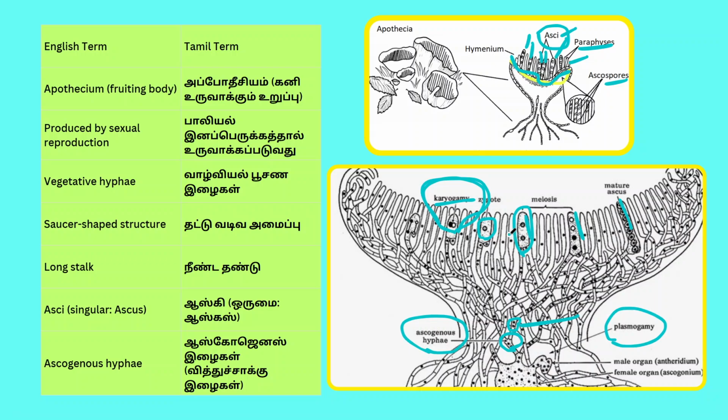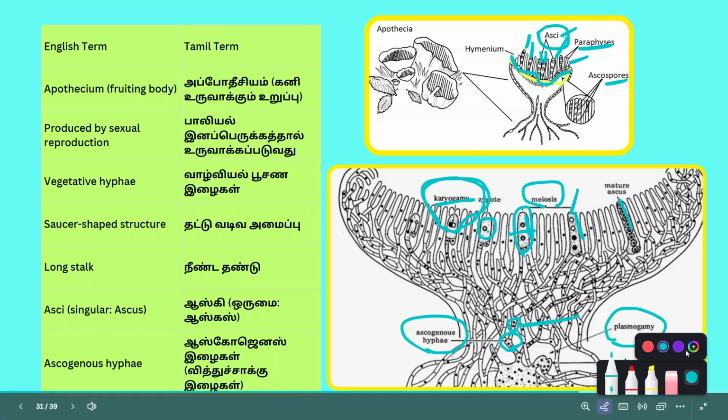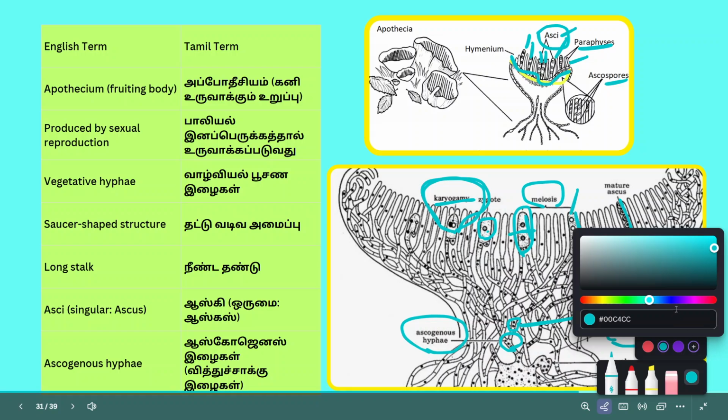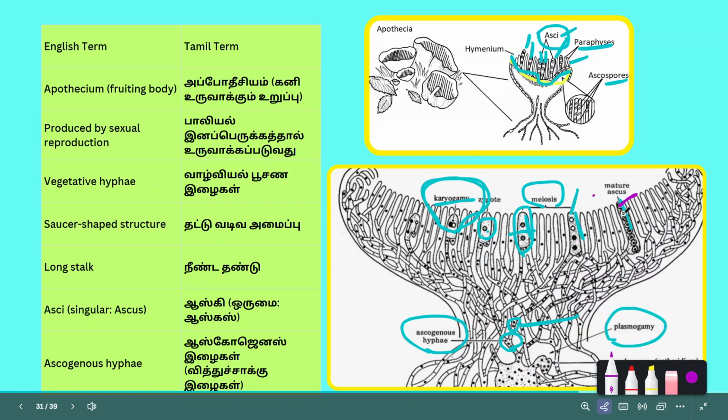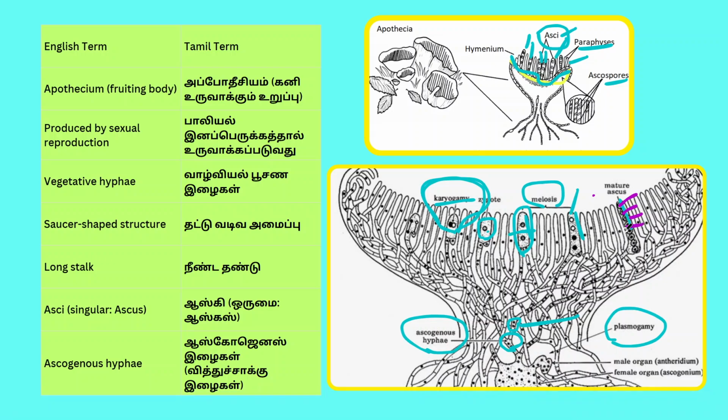Once the zygote is formed, it undergoes meiotic division. That means from this one diploid nucleus you will see 4 haploid nuclei. After this there will be mitotic division, and then these 4 become 8 nuclei that you see here. I will take another color so that we will be able to see. See here 1, 2, 3, 4, 5, 6, 7, 8 spores. So these are the ascospores.